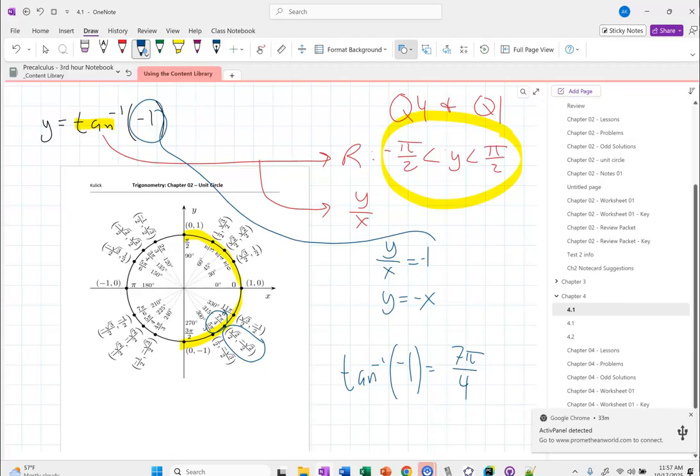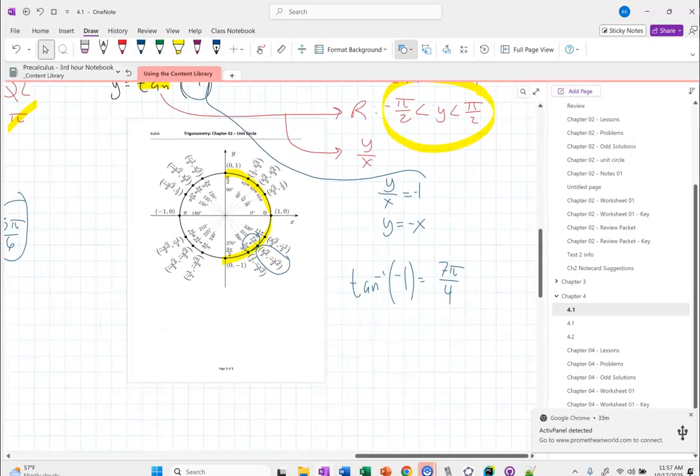No. What do we have to do? Minus 2 pi. Why are we minusing? It's too big, right? 7 over 4 is 1.75. That's much bigger than a half. That's the top of our range, is pi over 2. So a half a pi, 0.5 pi.